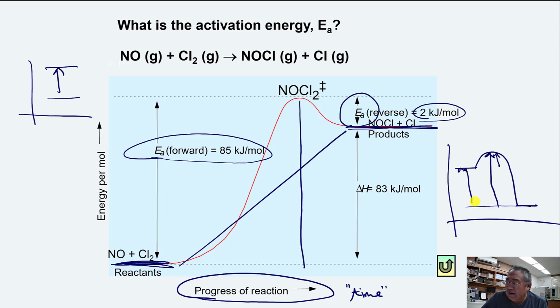You can relate activation energies by thinking about whether it's going down in energy to the products or up in energy, and that gives you the relationship between the activation energy of the forward and the reverse reaction. If you had the activation energies, you could figure this value out because it's just the large activation energy subtracting off the small activation energy.